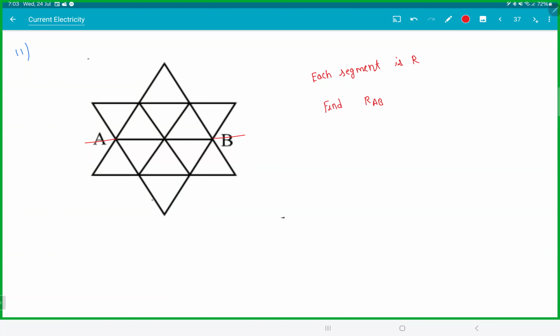Series parallel, which will be exactly the same thing. Try, you got 2 minutes.